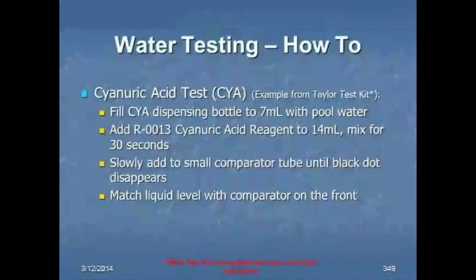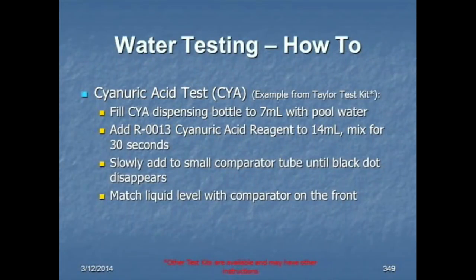Your cyanuric acid test uses a lot of product. You fill up your dispensing bottle for cyanuric acid with 7 milliliters of pool water. You then add 7 more milliliters, so a 14 milliliter total sample in your dispensing bottle, and that is the one sample you actually do mix for 30 seconds. You shake it for 30 seconds.